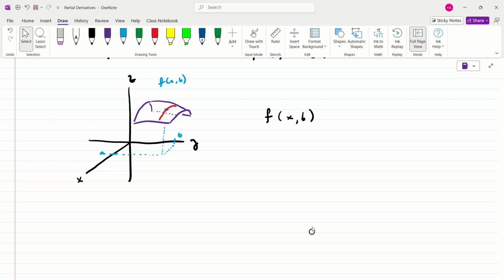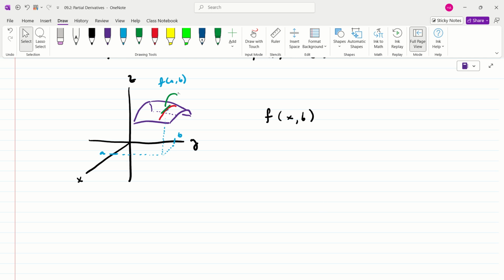And then we would care to figure out the slope of this curve in that direction. Let me use green. The slope of this green curve is going to be the partial derivative of f with respect to x.